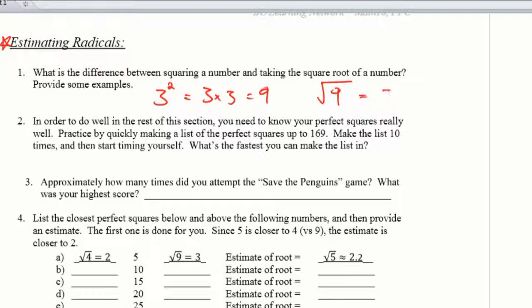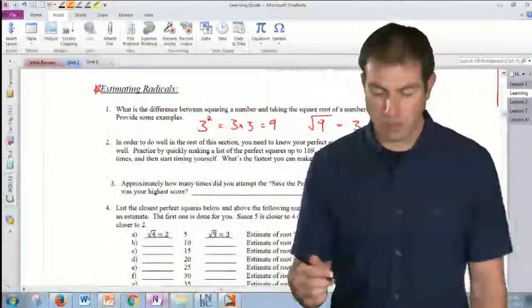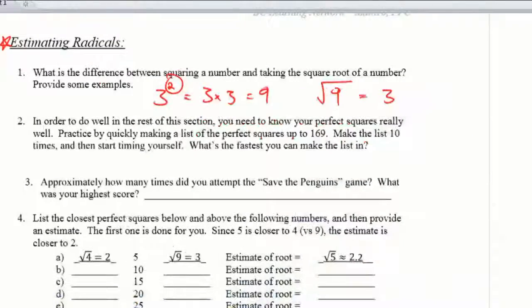So in this case, 3, because 3 times 3 gives me 9. So the squaring and the square root are opposites of one another. If you square something and take the square root, you should end up at the same spot. So in this case, 3 squared is 9, square root of 9 is 3.